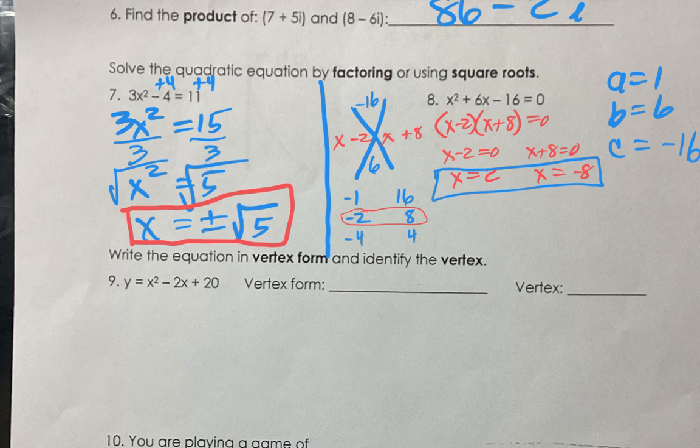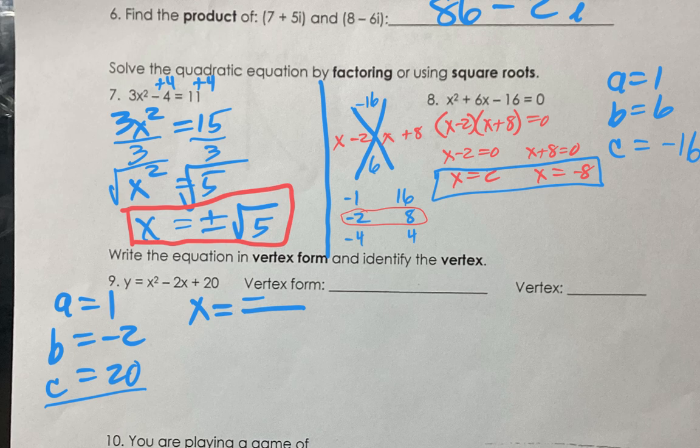I know from the standard equation, let's just write a equals the coefficient of x squared, which is 1. b equals negative 2. c equals 20. I don't really need C because I'm going to use the formula for the axis of symmetry, which is also the x coordinate of my vertex, negative b over 2a.